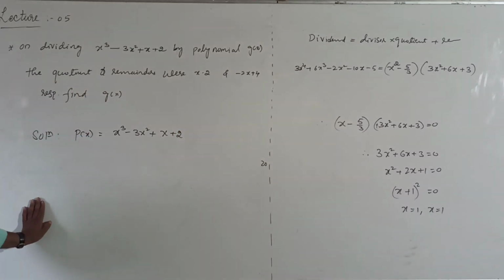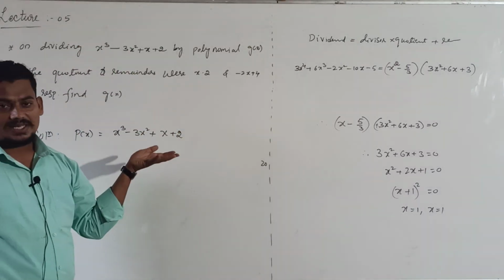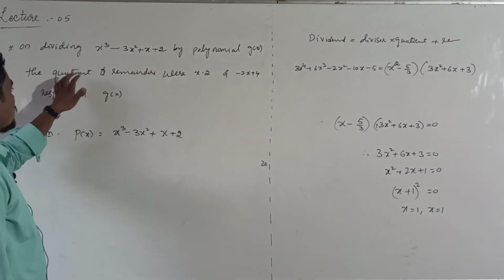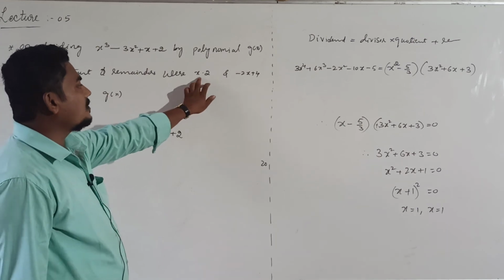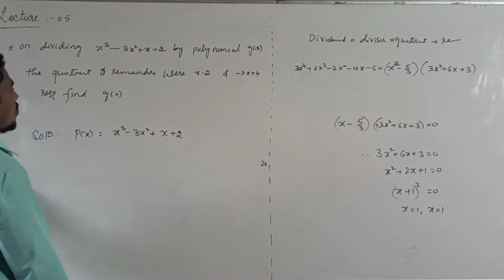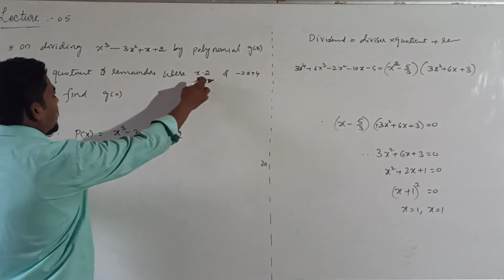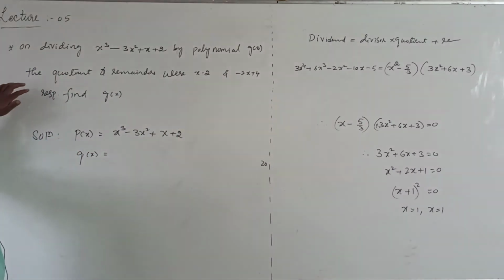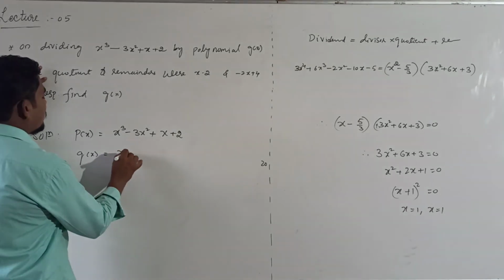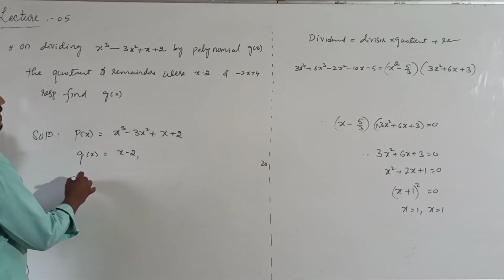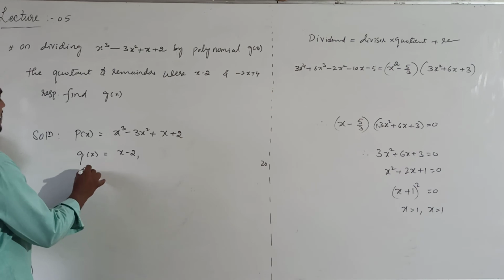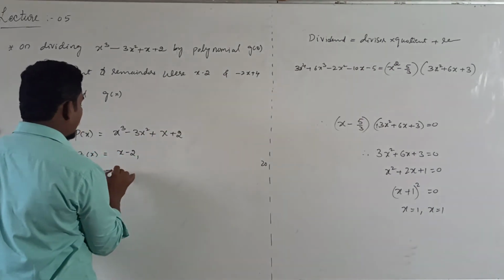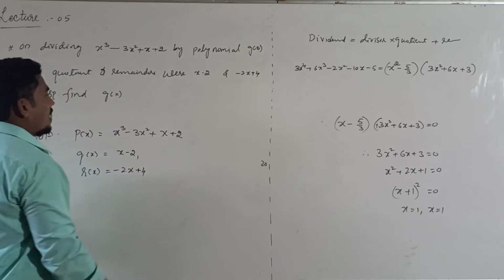It is the given polynomial. On dividing with g of x, our divisor is g of x. The quotient q of x is x minus 2, and the remainder r of x is minus 2x plus 4.